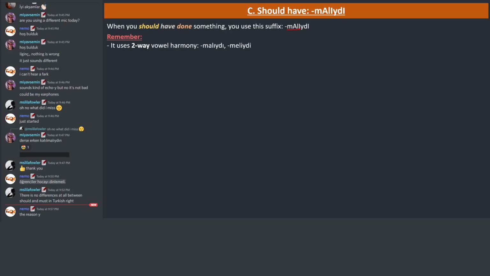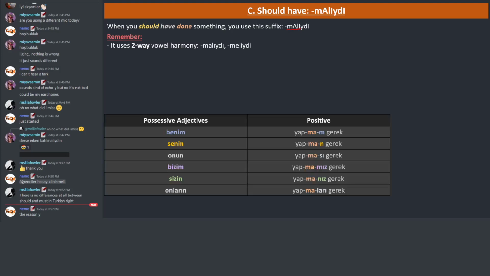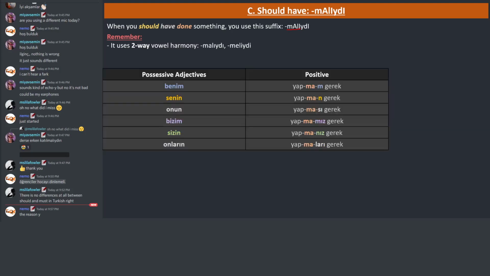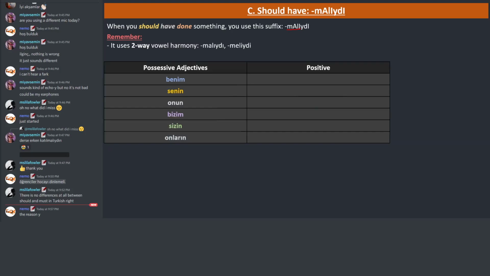But for that, I need to do something. Of course, I will not use this. This is just the template. Here I will have verbs, and here I will have pronouns, and next to it I will have conjugation.